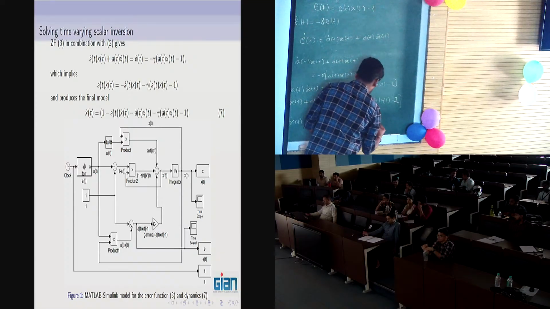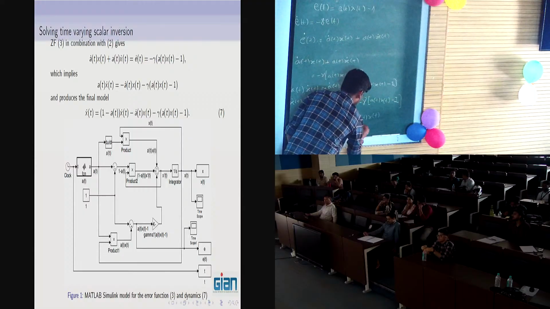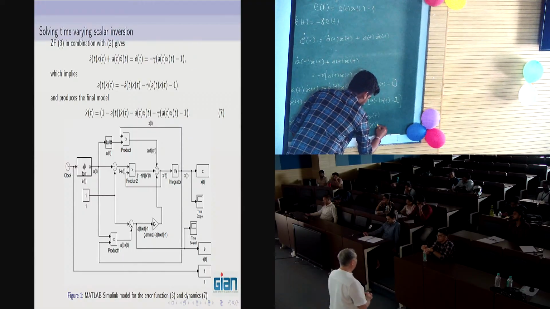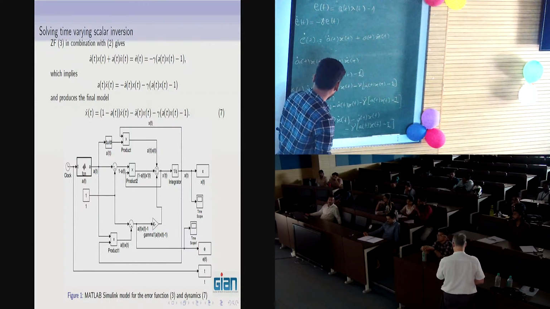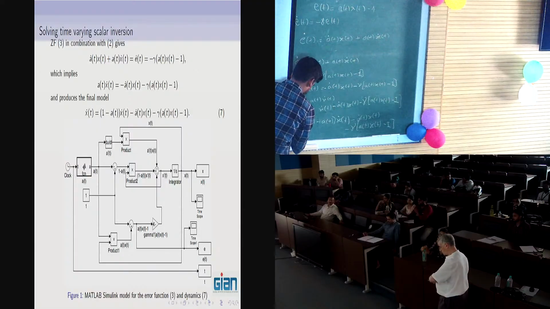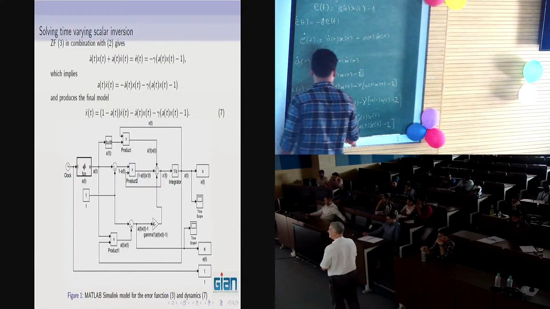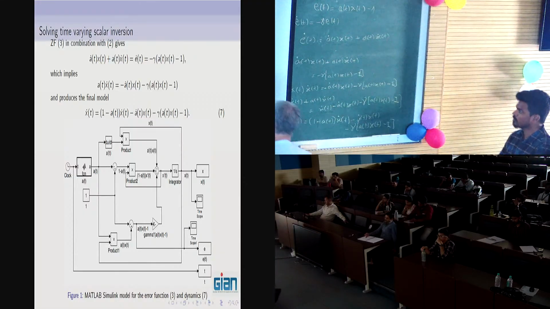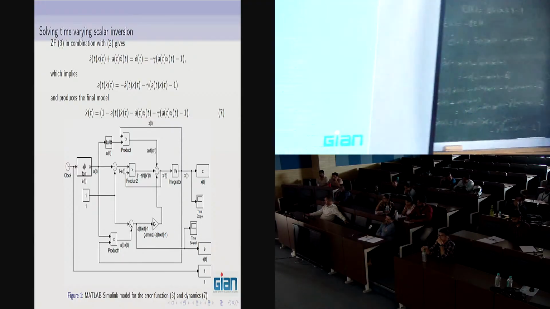It is our first ZNN model, aimed to find the inverse of a time varying scalar value. It is as in 7, you can see.